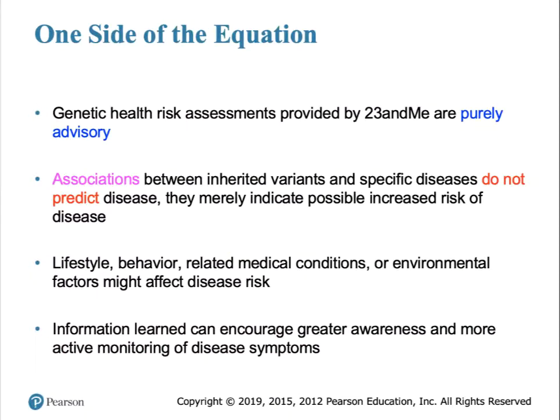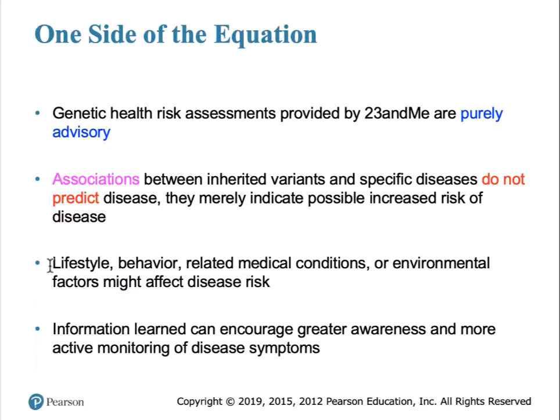If one reads the small print supplied by these companies, they will tell you that their results are purely advisory and that the genetic component alone isn't enough to predict or associate the occurrence of a disease with alleles.